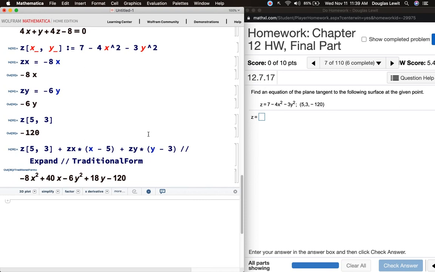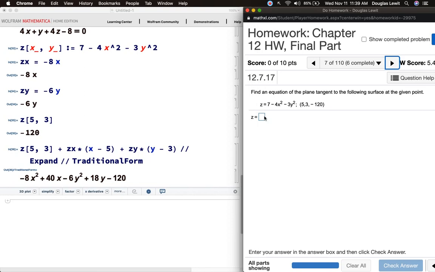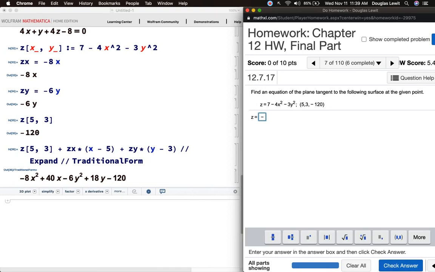So we have z is equal to negative 8x squared plus 40x minus 6y squared plus 18y minus 120. Actually, there is something really wrong with that. Why do I have quadratic terms here? Oh, I know what's going on. Wait a minute. This is not right. This is definitely not right.